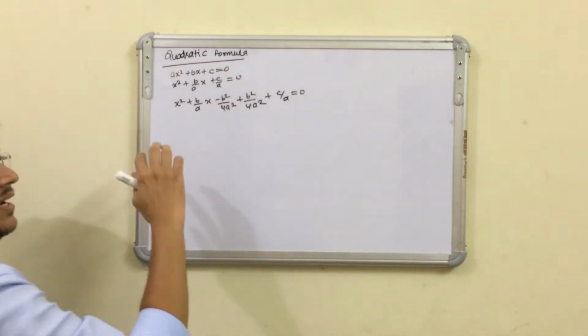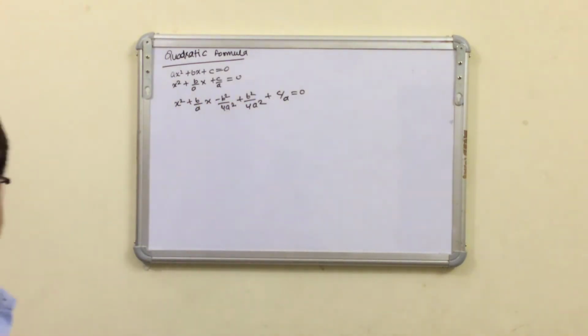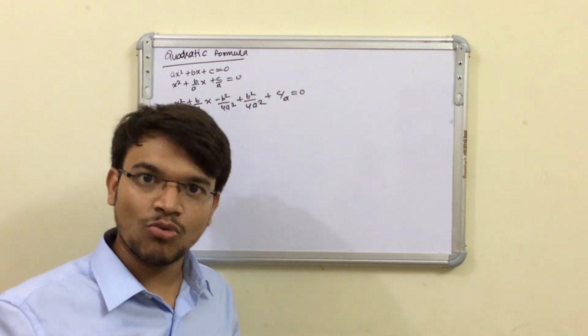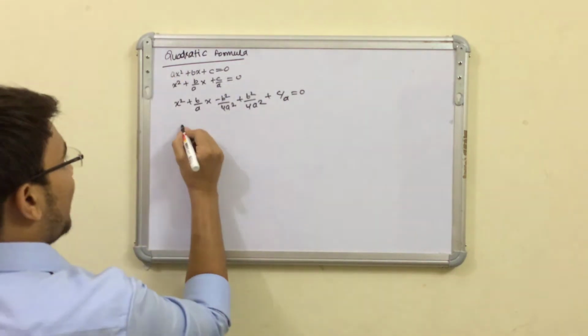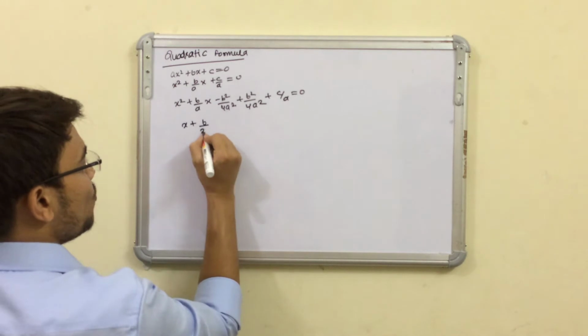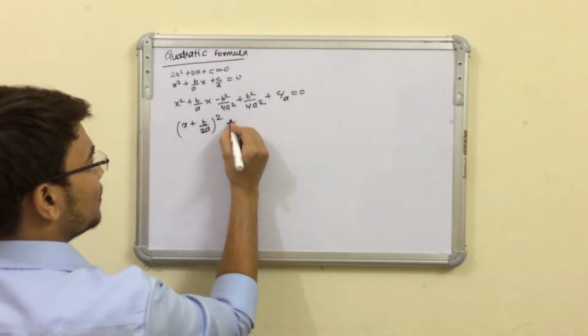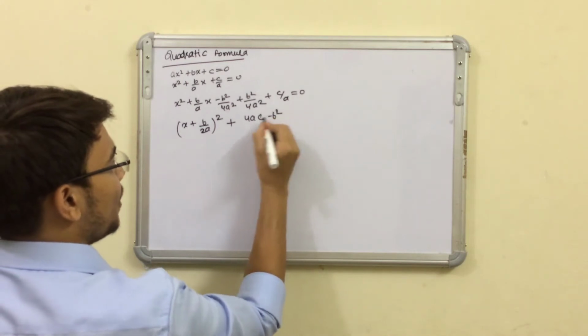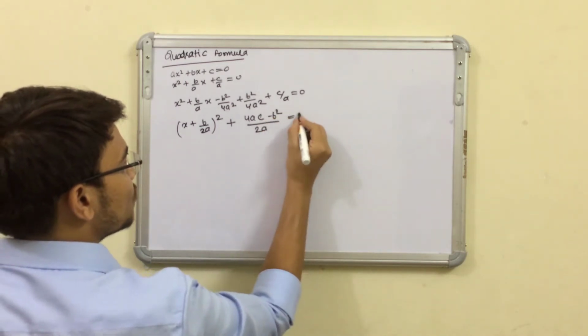We are factorizing this quadratic equation with the help of the completing the square method. It is one of the methods to factorize a quadratic equation. So x plus b upon 2a whole square plus 4ac minus b square by 2a is equal to 0.